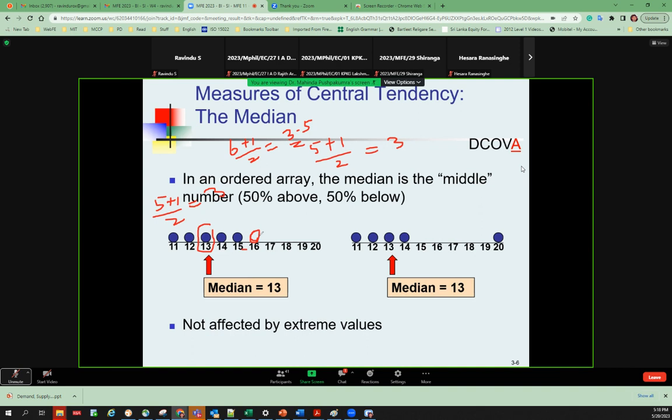Then what is the median? The median position is 3.5. It is somewhere here. Then you can add these two values, 13 plus 14, and divide by 2. It is the median value. Is it clear?